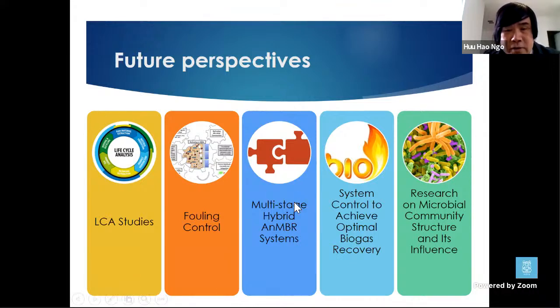Okay, so number 3, multi-stage hybrid anaerobic MBR systems. We need to be smart enough to combine with the others to make an anaerobic MBR become perfect, or become a sustainable system.